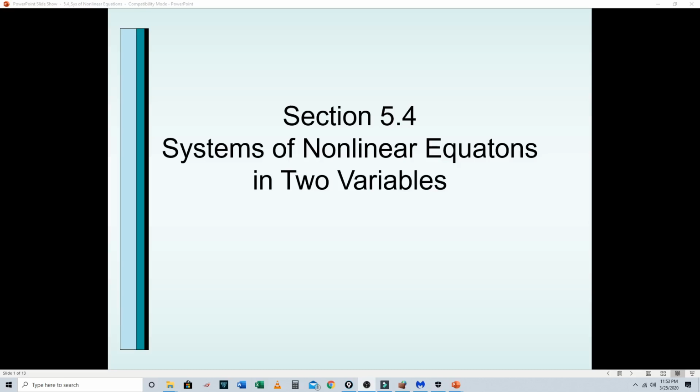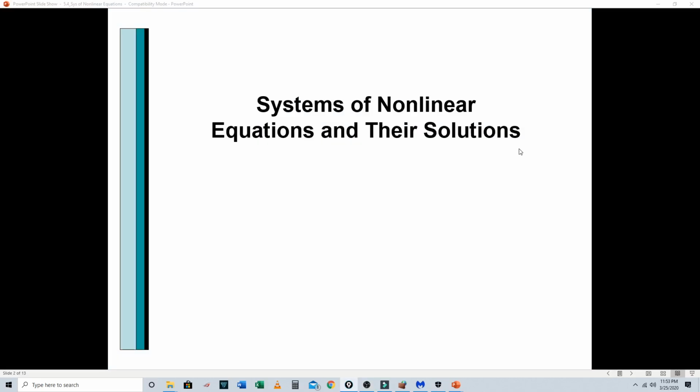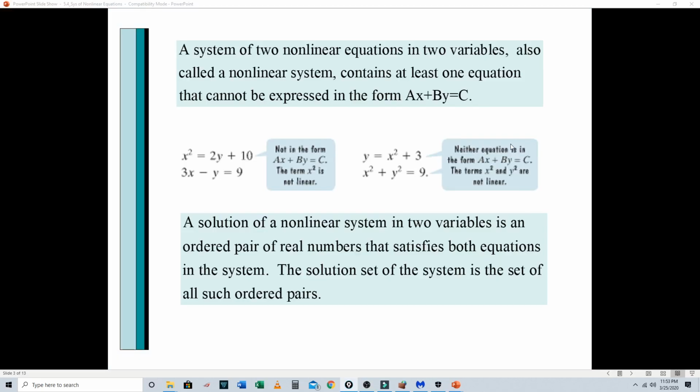So anyway, we're going to get started with nonlinear systems of equations. Nonlinear systems look something like this. Instead of a linear system, which has 3x minus y equals 9, we have a nonlinear system: x squared is equal to 2y plus 10. Here we have two methods of solving.